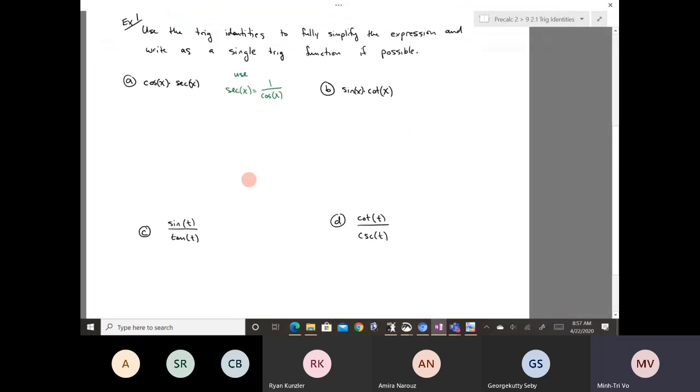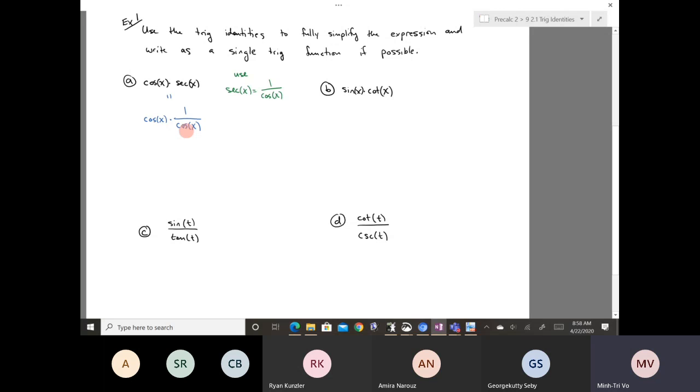So I'm using the reciprocal formula for secant: secant is 1 over cosine. I just plug it in here. So what is this equal to? You have cosine x, and then secant is replaced by 1 over cosine x. Now this is cosine divided by cosine.